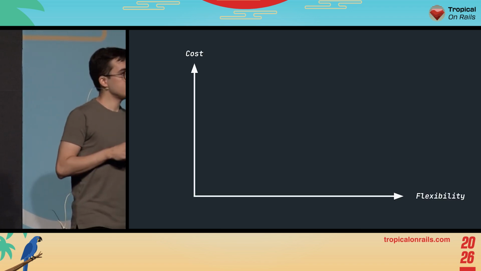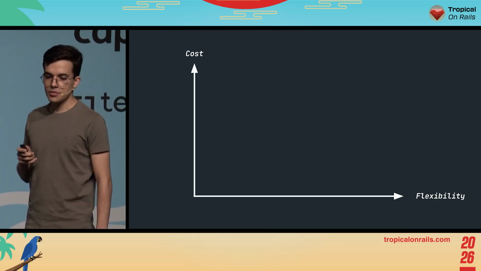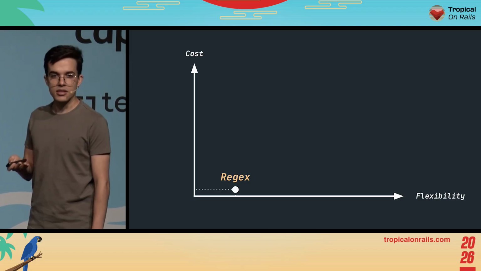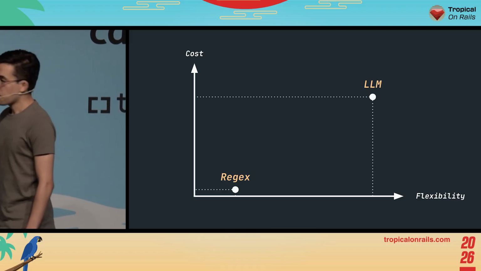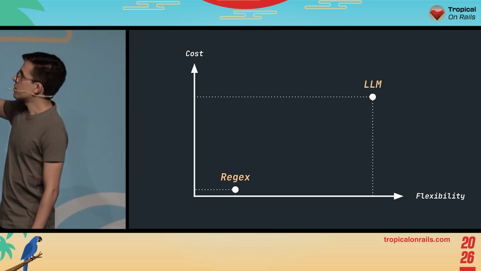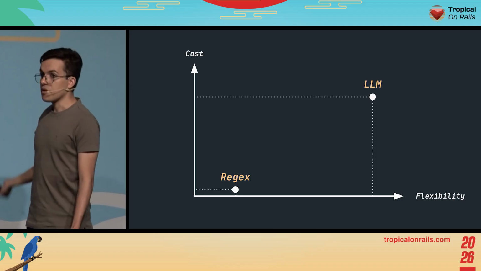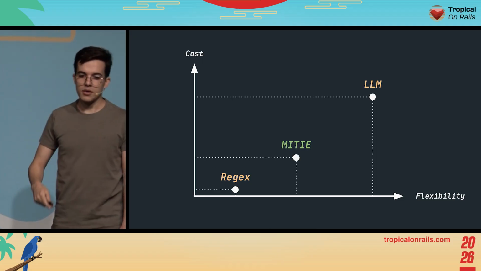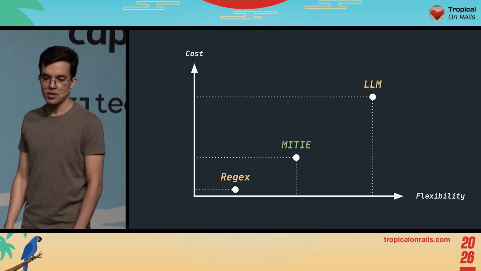So if you put this in a chart with cost and flexibility, regex would be very low cost. They are pretty fast to run, but not very flexible. While an LLM like ChatGPT or Claude is very costly and very flexible, a tool like Mighty, which uses machine learning, is somewhere in the middle.